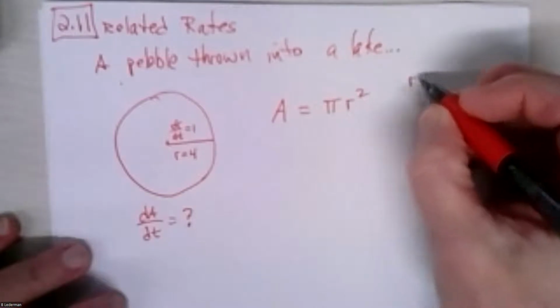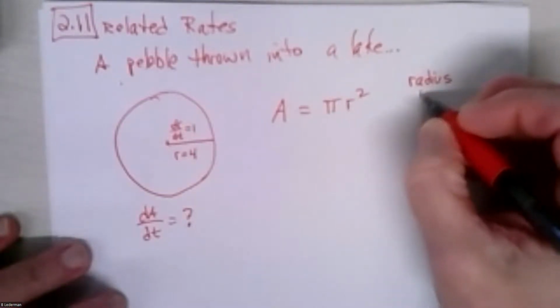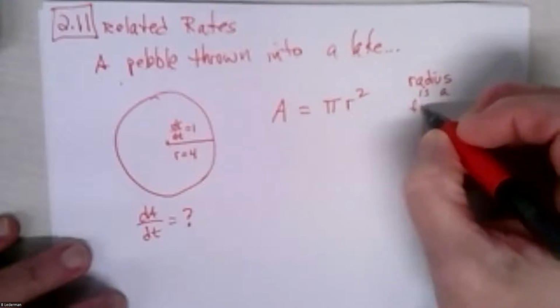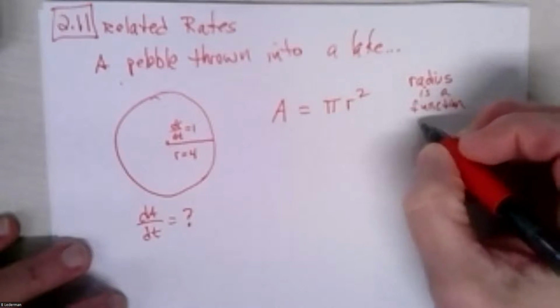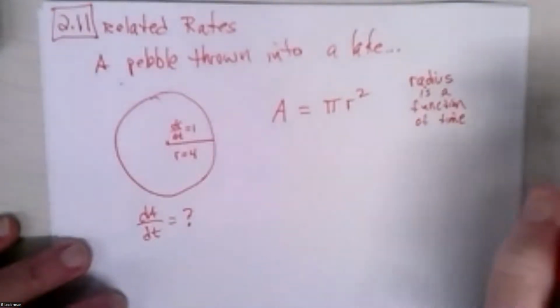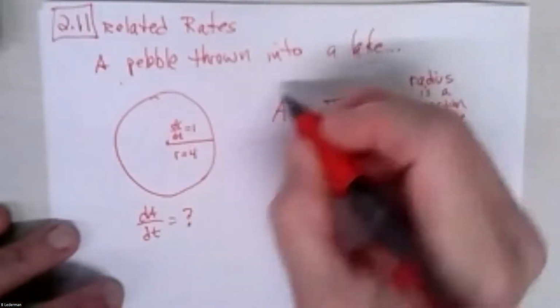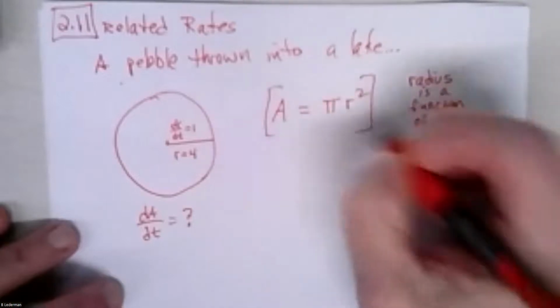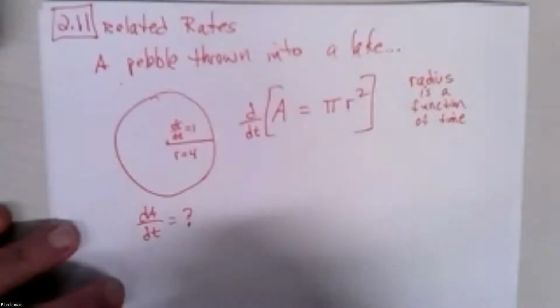Radius is a function of time. So we're going to take the derivative of both sides, not d/dx like normal, but d/dt.